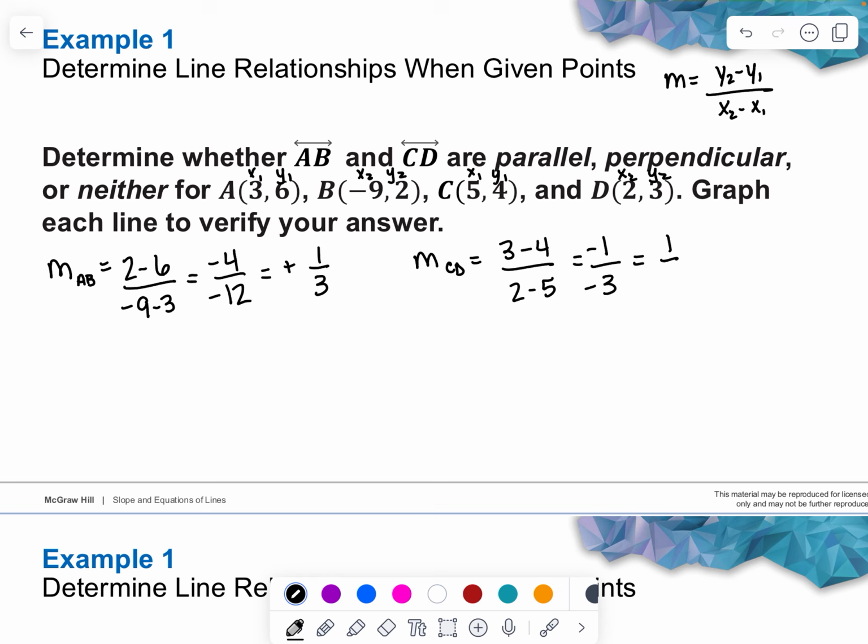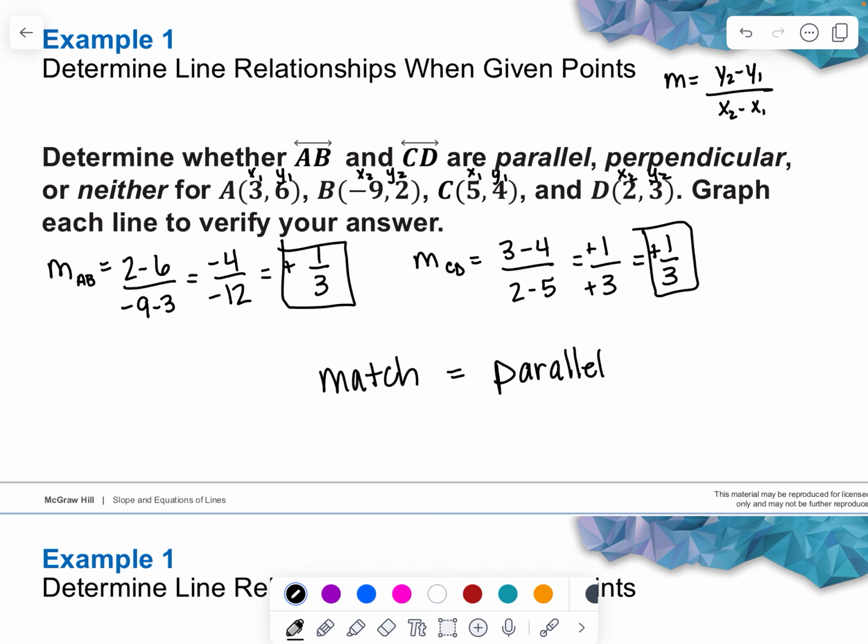That is 1/3 because the negatives become positive. So positive 1/3. So if I've got a positive 1/3 here and a positive 1/3 here, they match. They are the same, which means they are parallel lines.